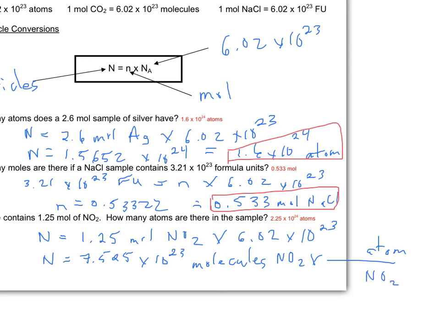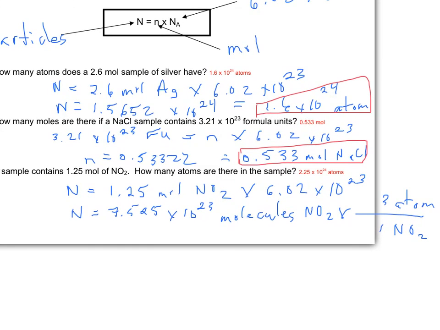And then I ask myself how many atoms are in an NO2. Well, there's 1 nitrogen and 2 oxygens, so that's 3 atoms total for every 1 NO2. You notice the chemical NO2 cancels out, and my final unit will be left in atoms. My calculator tells me I'm going to have 2.2575 times 10 to the 24.